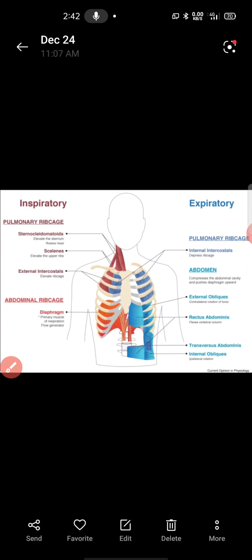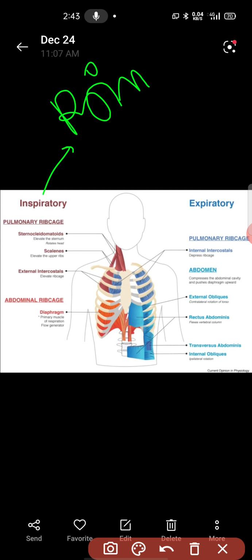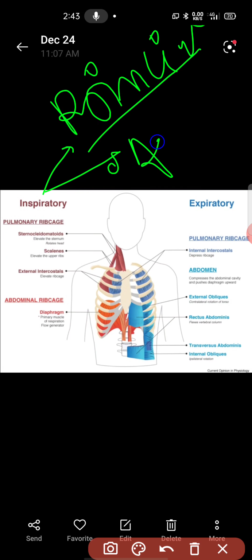You can see in this diagram, on the right side are the inspiratory muscles and on the left side are the expiratory muscles. Inspiratory muscles are grouped into two categories. One is principal inspiratory muscles, another is accessory inspiratory muscles.